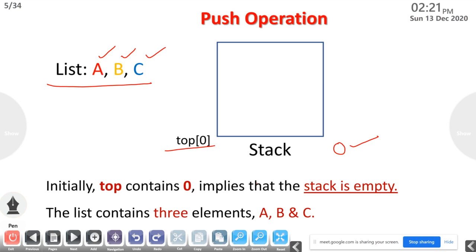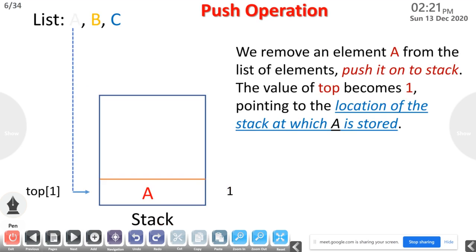We want to insert these elements into this stack. Okay. Then the push operation. From this list, first we insert the element A into the stack, or we push the element A into the stack. We remove the element A from the list and push it onto the stack.